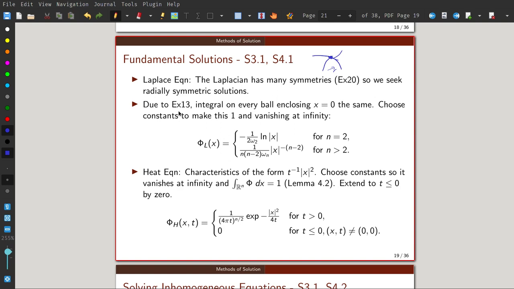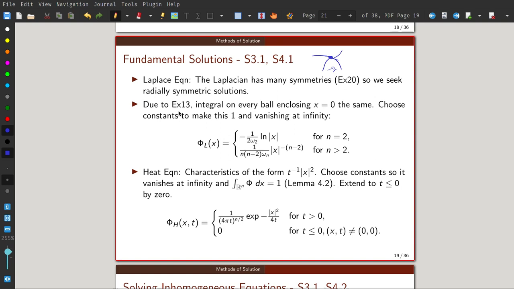So if that's to be constant, then this function actually has to be decreasing as you increase the radius, so that the total integral stays the same. So we have a monotonically decreasing function in the radius.